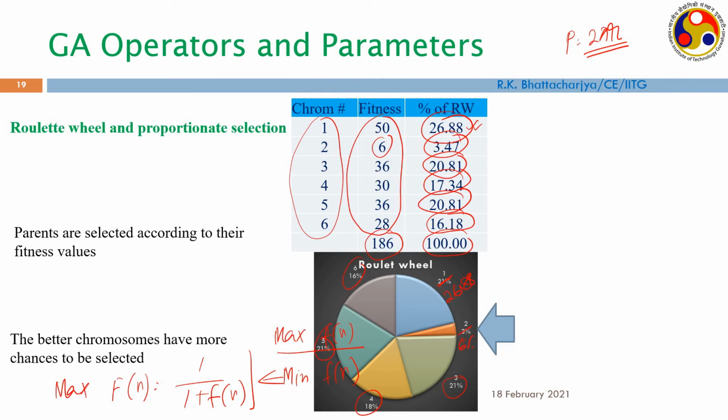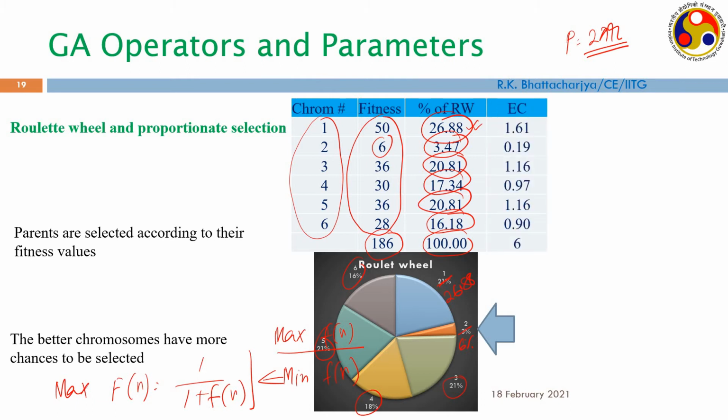It may be selected by chance, but the probability is very low. A solution having a higher fitness value has a very high probability of selection. So this is your roulette wheel selection.